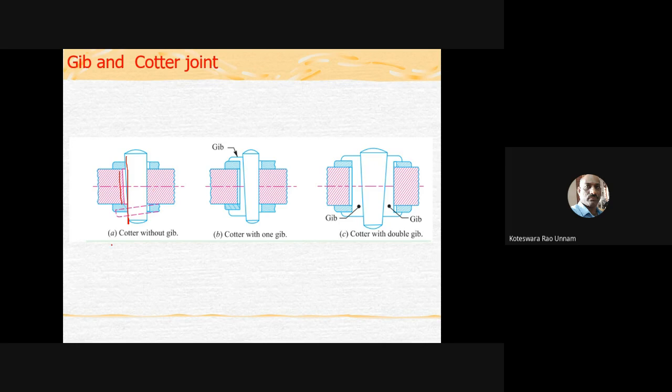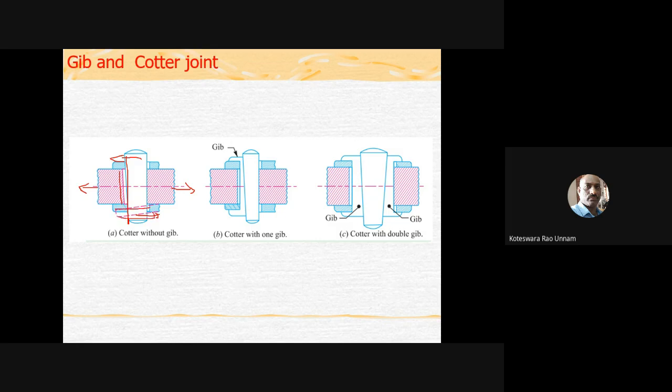Therefore, whenever your rod is subjected to some tensile force, let us say tensile, though it may not always be tensile, it may be compressive force also, then what happens here, imagine, because of the clearance here, this cotter will tilt like this. The cotter will be tilted in this direction. You can see the tilted portion here. It will try to tilt like this.